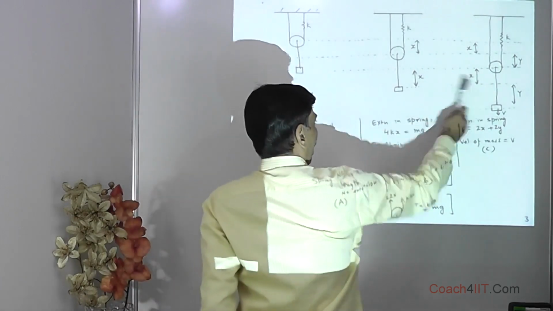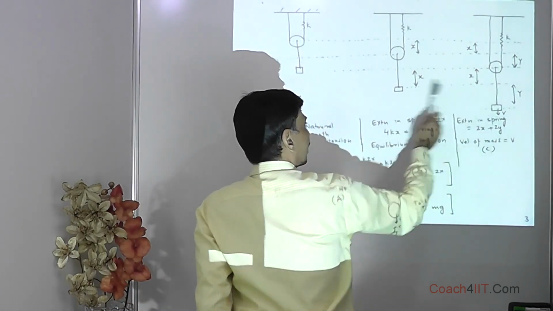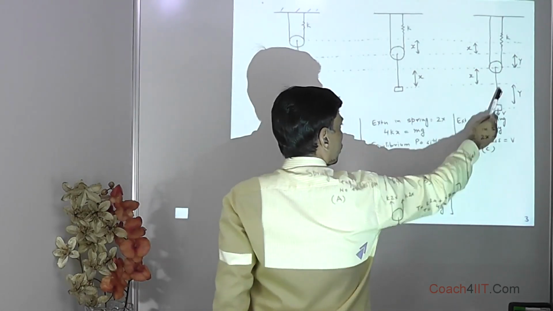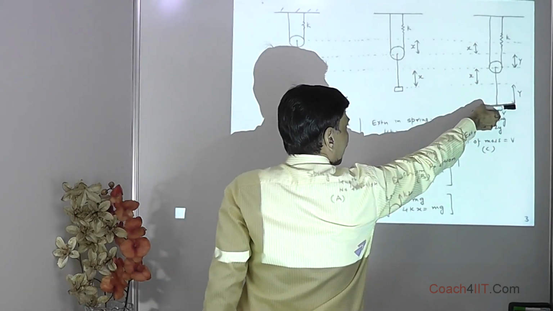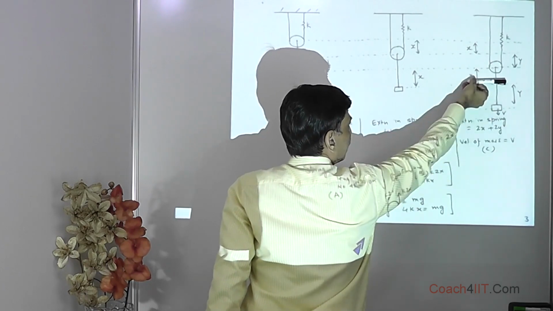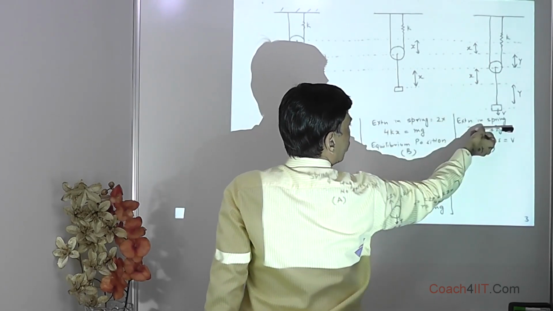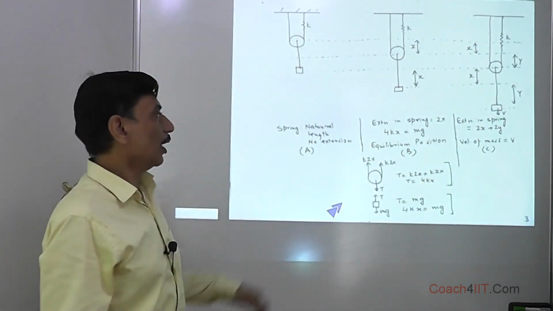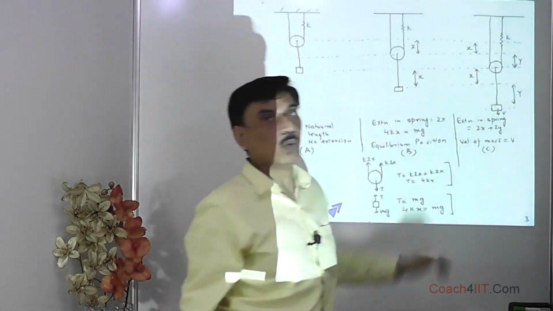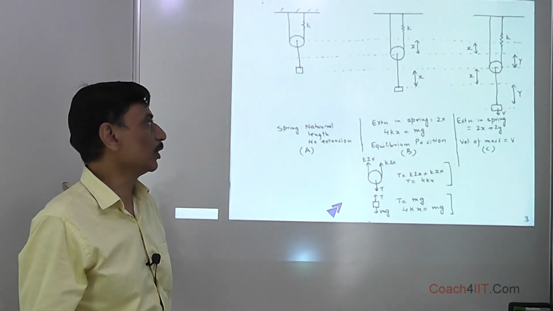Now we consider when it has moved from this level to this level, that is, y distance further, and it is going to cover some further distance to reach its amplitude. At this point it has some velocity also, and it has gone y distance further below the equilibrium level.